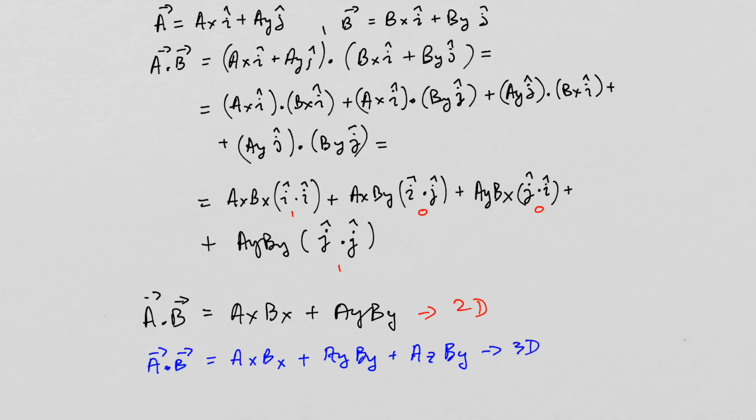So this is 3D. And so as you can see, these are just the sum of three numbers. The result is a number or a scalar. So again, by definition, the dot product of two vectors is a scalar quantity. Because it's a scalar quantity, the order in which the two vectors are taken in the dot product is irrelevant because the final result will still be the same.